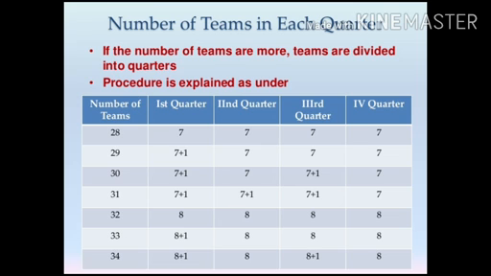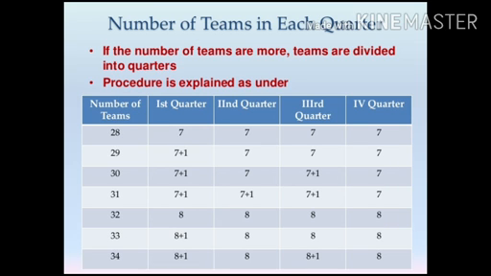For determining the number of teams in each quarter, the total number of teams is divided by 4. If the remainder is 0, there will be 4 quarters with an equal number of teams.